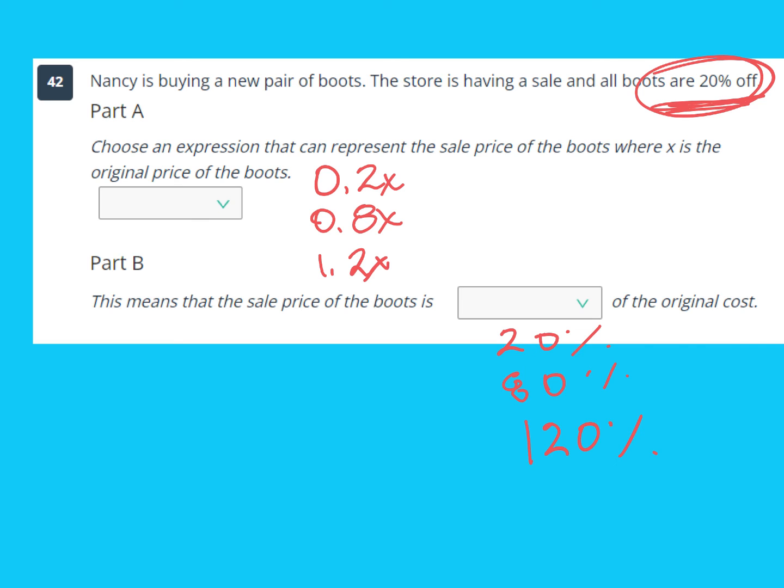Okay, choose an expression that can represent the sale price of the boots where X is the original price.